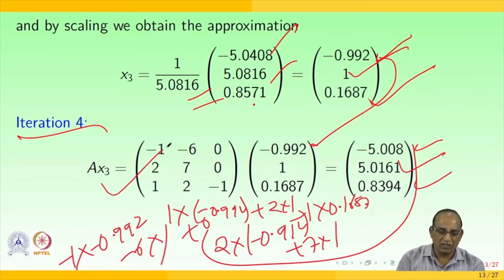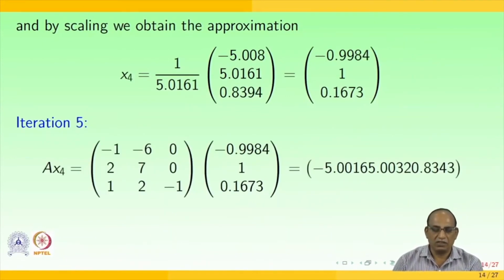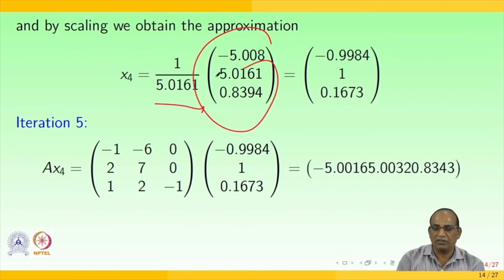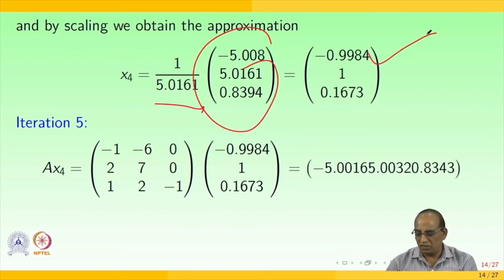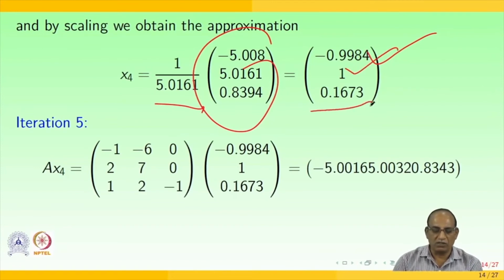So this is the fourth iteration. So when you write this scaling by appropriate action, x4 is equal to 1.501046 and you scale it, so you get 0.9984 and 1 and the last value is this.